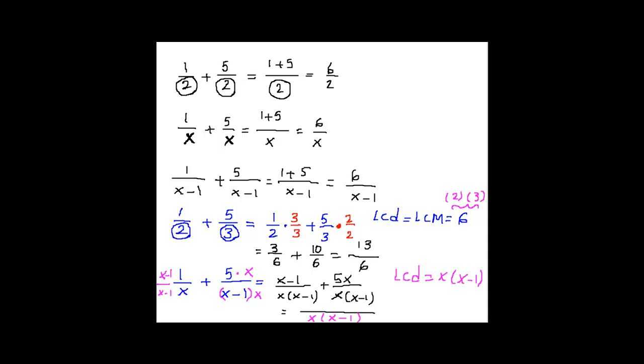And now I can add or subtract what I have at the top of the fraction, which would be x minus 1 plus 5x. Then I have to combine like terms at this point and see if I can reduce even more. So I have x plus 5x, that gives me 6x minus 1. And if this is factorable, you factor and reduce. In this case, it's not. So that's your final answer.